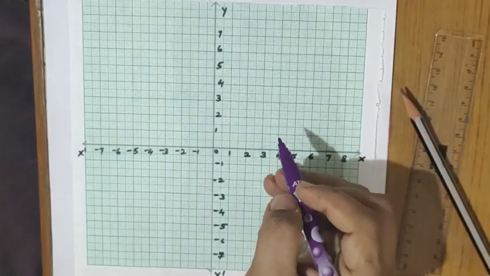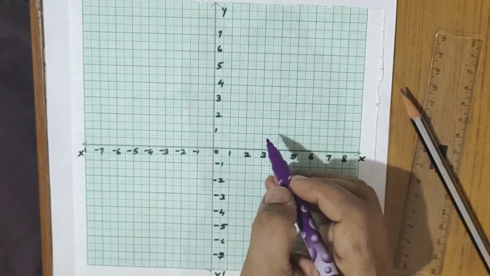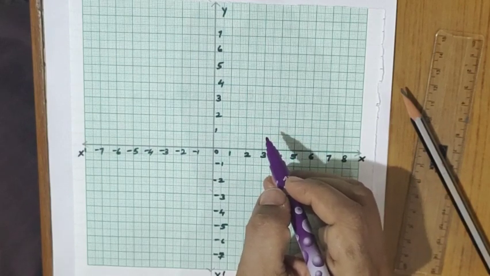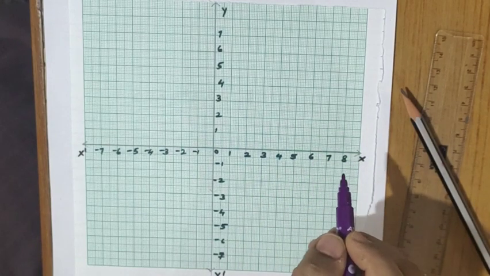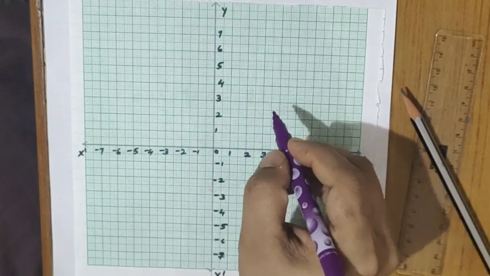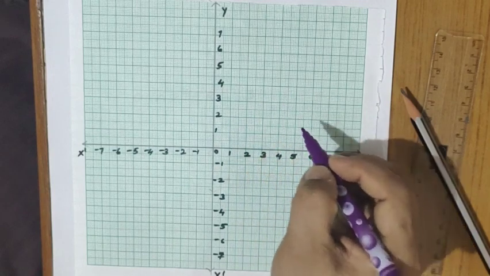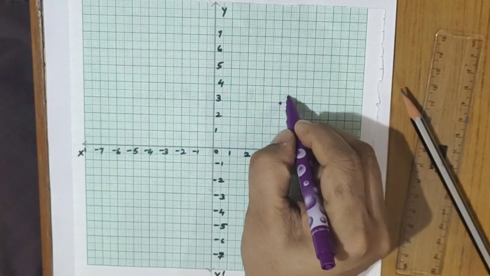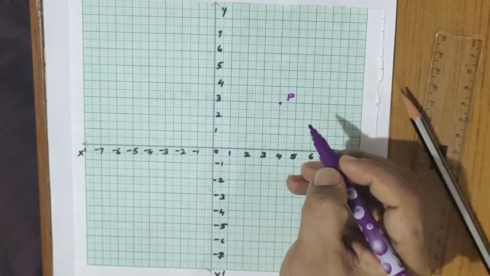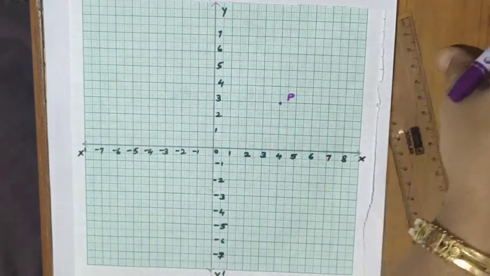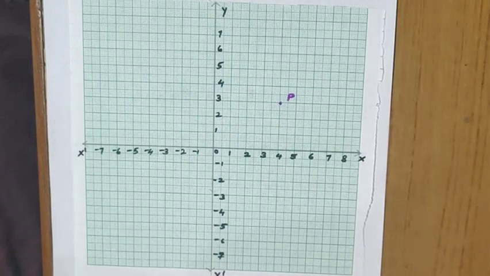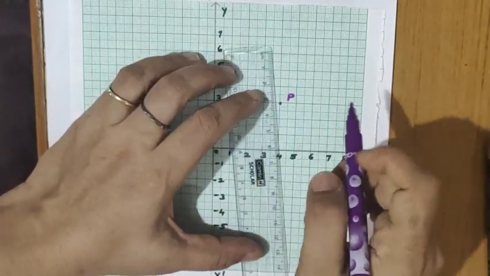Now let us see why this system is so basic in mathematics, how it is useful. Consider the diagram where the axes are already drawn on the paper. Now see that we are taking a point P on this plane, so I am marking P here, right? So first we draw the perpendicular to the x-axis.